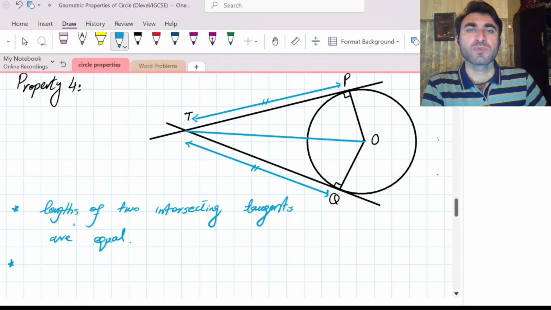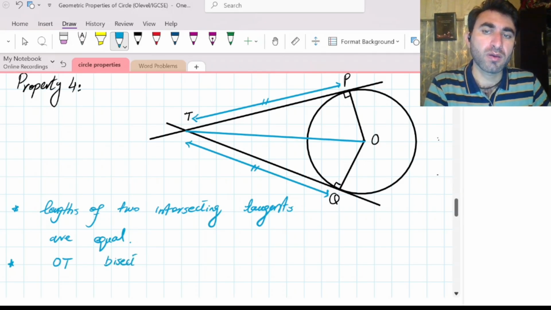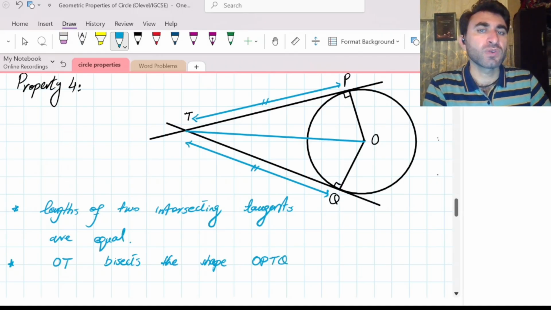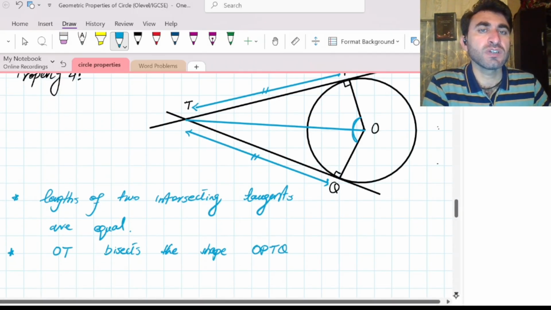So here OT bisects the shape OPTQ into congruent triangles. And the next one, which is really important, is that it also bisects this angle over here, the angle POQ.